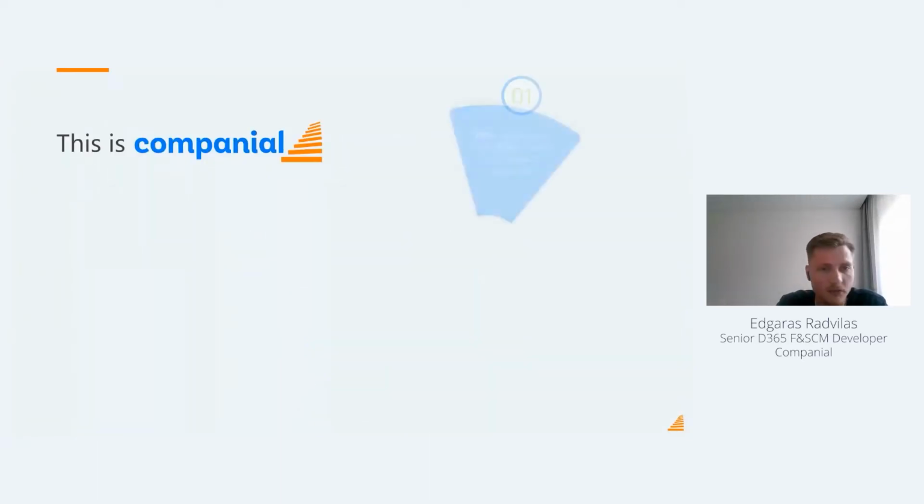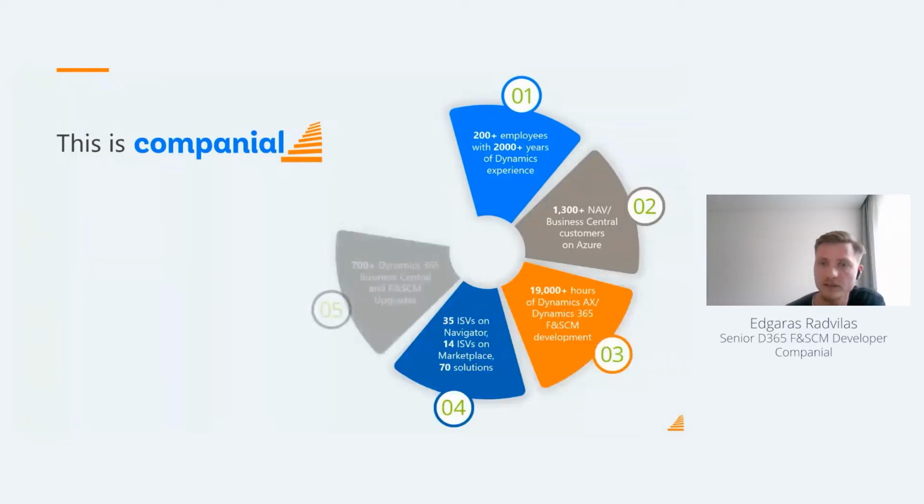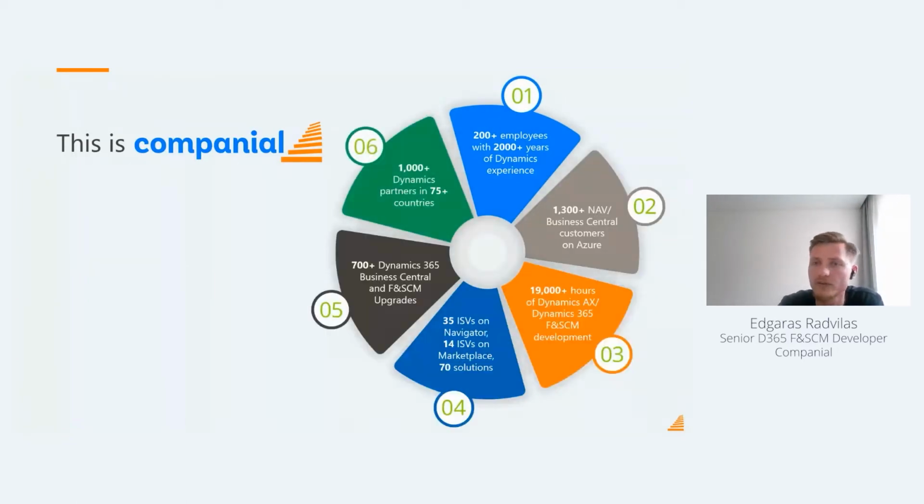Let's talk about a few of the statistics for our company. We have over 200 employees. We have over a combined 2,000 years of Dynamics experience. It's pretty amazing when you think of it. Regarding the F&O side, we have almost 20,000 hours of F&SCM development experience. And regarding the upgrades that we do constantly, combined with the Business Central team, we have over 700 upgrade solutions implemented.